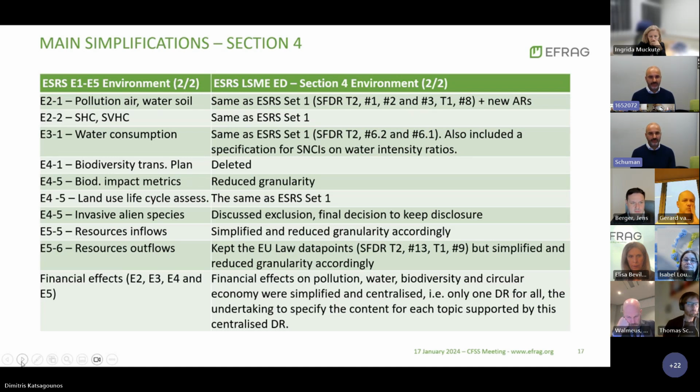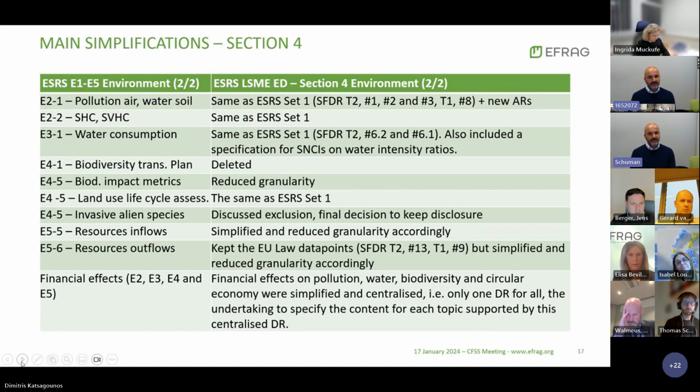For water consumption, we have the same content of ESRS set 1 due to the fact that there are data points stemming from the SFDR regulation. And in this case, we have also included a specification for the small non-complex institution on water intensity ratio, the same application requirements that we have also for the GHG intensity.